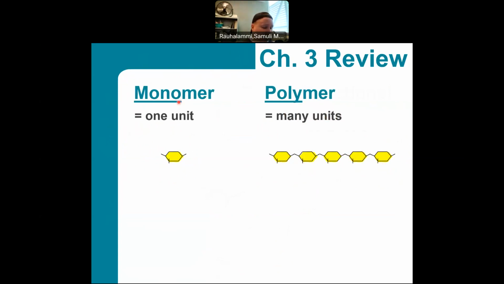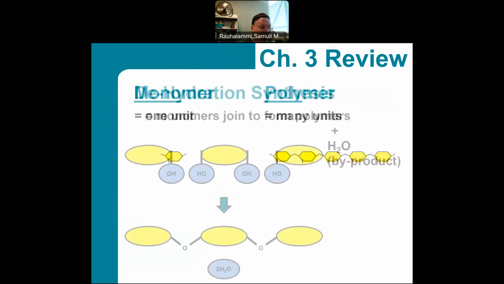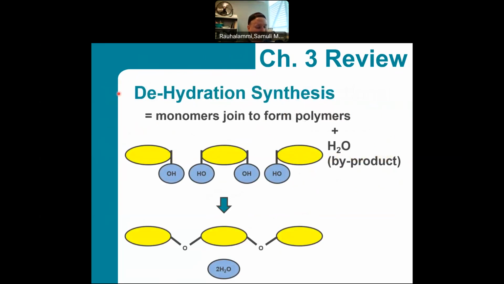Having monomers and polymers is going to be essential as we cover the material in this chapter. Now we need to think about how monomers can become polymers or how polymers can be converted into monomers. There are two processes that can take place.